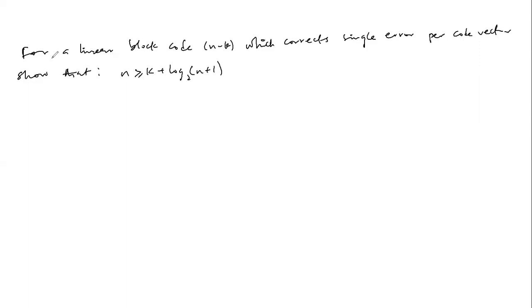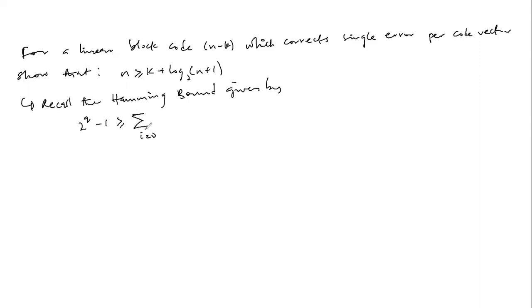So, well, from this, we recall the Hamming bound given by 2 to the power of q minus 1 greater or equal to the summation of i equal to 0 to t of n combination i, for q being the same as n minus k, so that 2 to the power of n minus k minus 1 is greater or equal to the summation of i equal to 0 to t of n combination i.